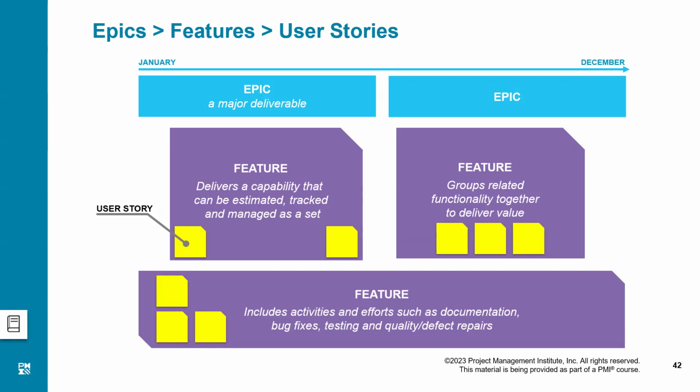Actually, the content of the product backlog is only the user stories. If there is an epic or a feature in the product backlog, we call it unrefined, and we have to break it down.